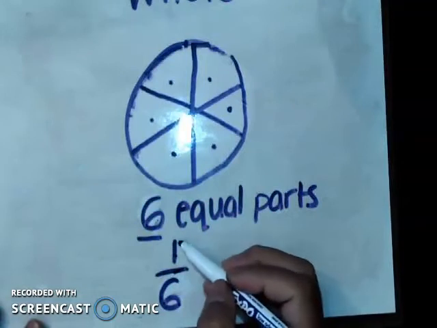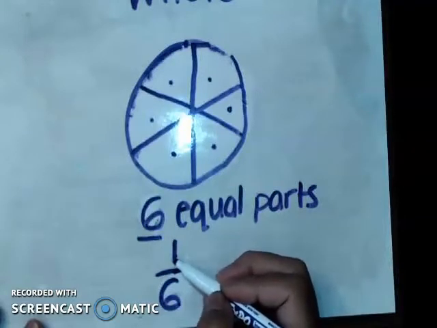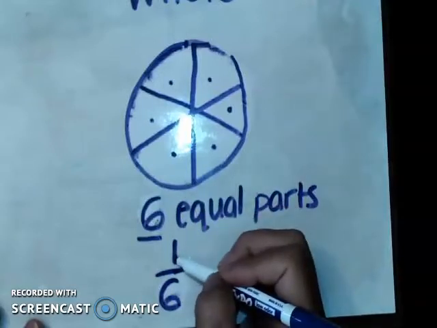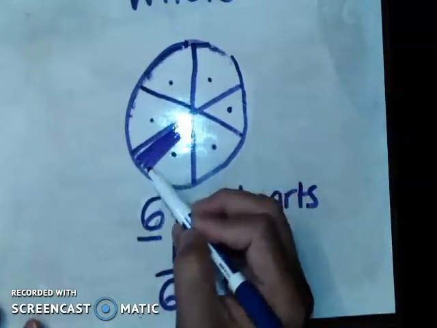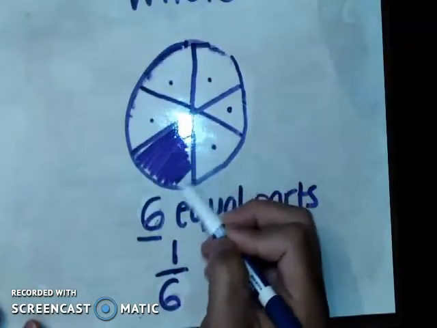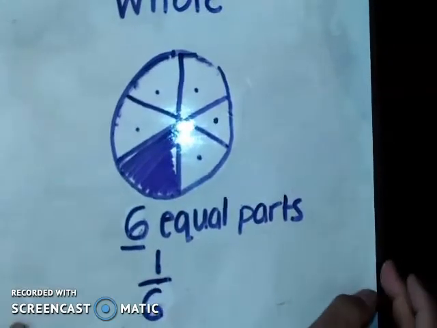Now remember, this number above the fraction is how many parts we are looking at, or how many parts are shaded. It tells me only 1 is shaded, so I'm going to shade in 1. That is unit fraction, boys and girls. It's so easy, right? It's so easy.